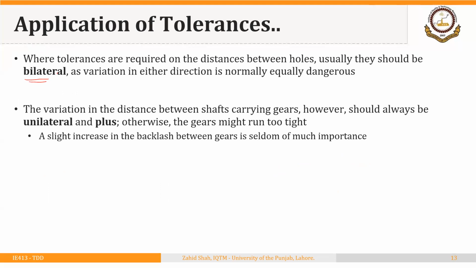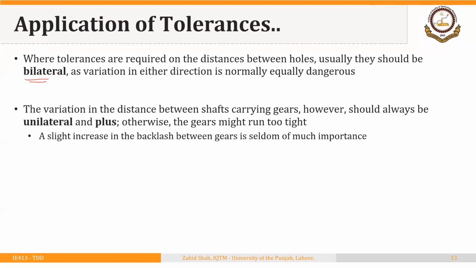So for example, we are talking about two holes in the part that have to be located using two pins in the body of the jig, as we saw in the case of jigs and fixtures. Now, if their distance is either smaller than required or greater than required, the holes will not fit into the pins. So it is equally dangerous if the distance increases or if the distance decreases. So in this case, we apply bilateral tolerance.